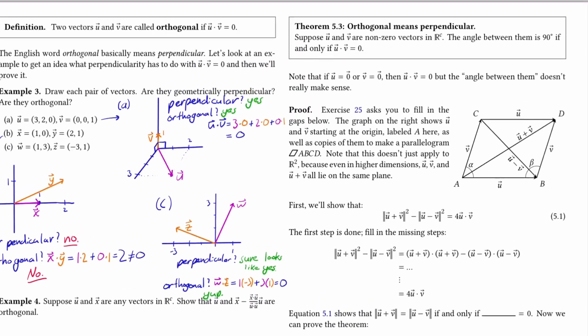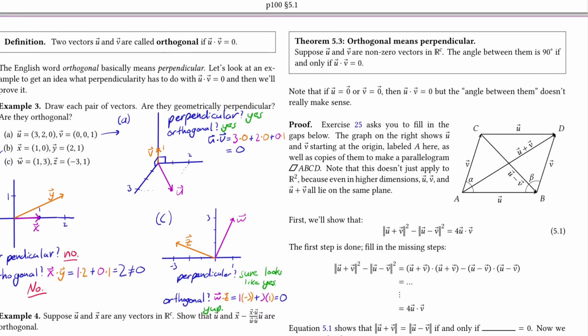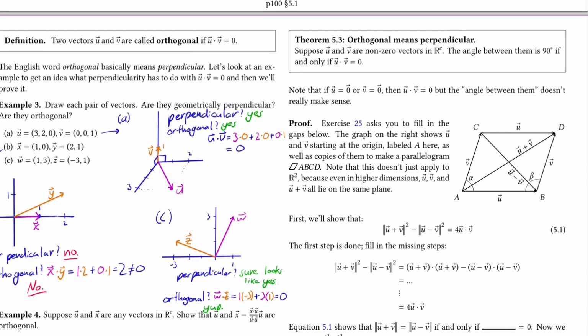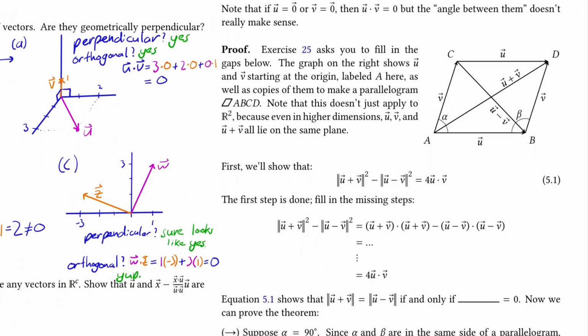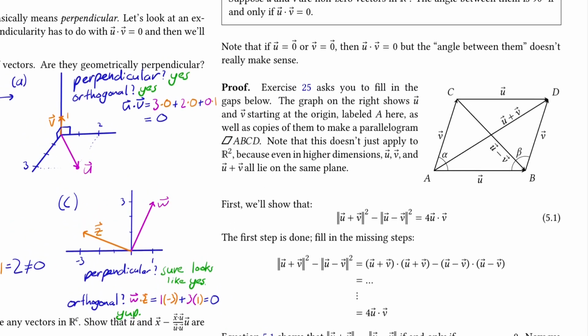And maybe before example 4, we can talk about this theorem that basically says that the angle between the vectors is 90 degrees, meaning perpendicular, if and only if their dot product is 0. This is going to be a homework assignment for you to prove, but we can just look at the gist of it here.